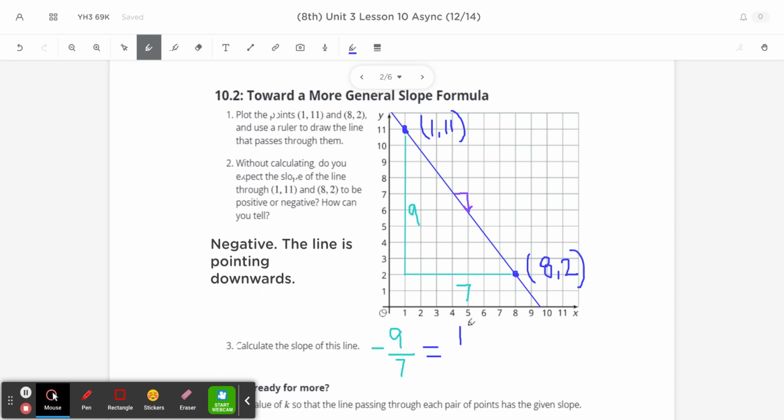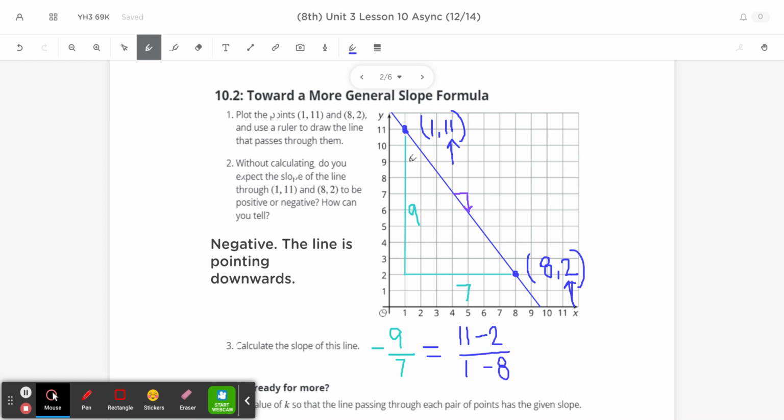The y-coordinate of the first point is 11, and the y-coordinate of the second point is 2, and so we can subtract 11 minus 2. Now our x-coordinates are 1 and 8, and so we would subtract 1 minus 8.